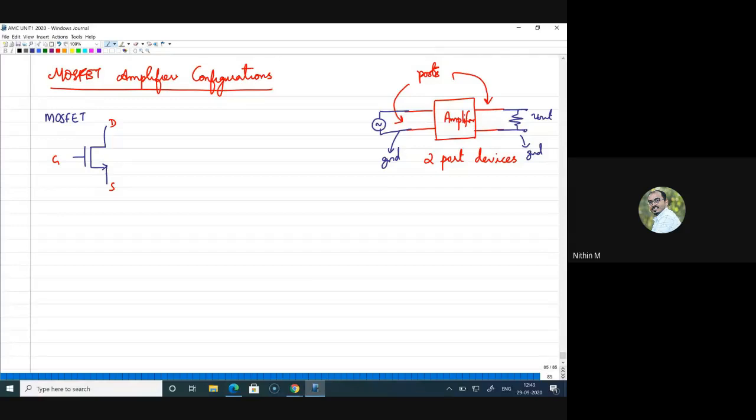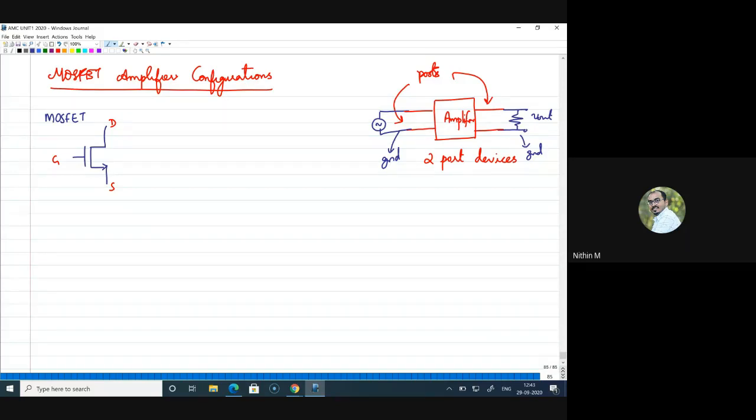So this gives us the understanding that if you have a 3-terminal device, I need to have one terminal as common, or one terminal as a reference point, or one terminal as ground, in order to apply input and in order to collect the output at the other side, right? So when you have 3 terminals, we can suitably decide which can be input, which can be output, and which can be ground.